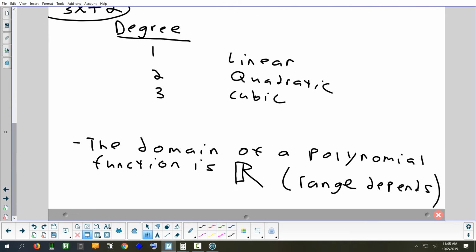So the 2 things that could happen to cause problems in the domain never, ever happen with polynomials. So the domain of every single polynomial is all real numbers. Now the range depends. There's no set answer for that. But the domain is always all real numbers.